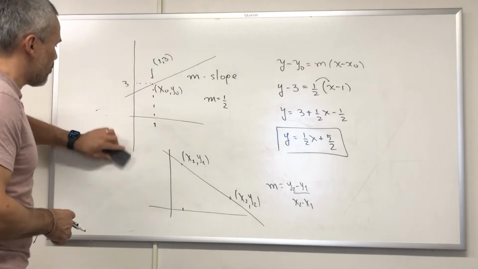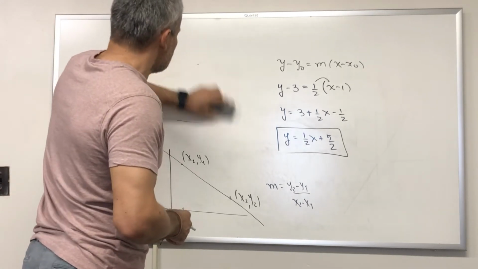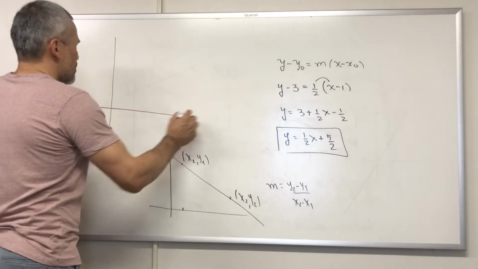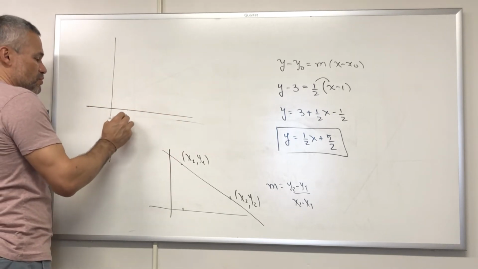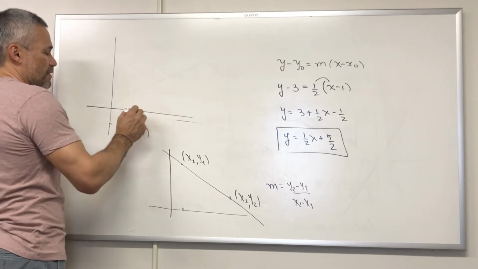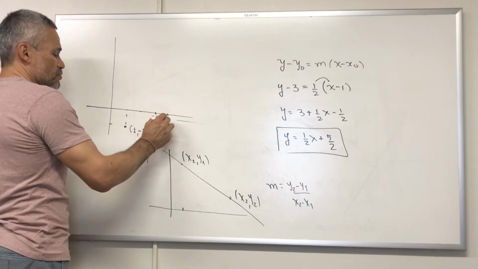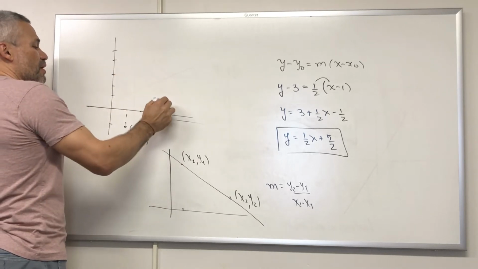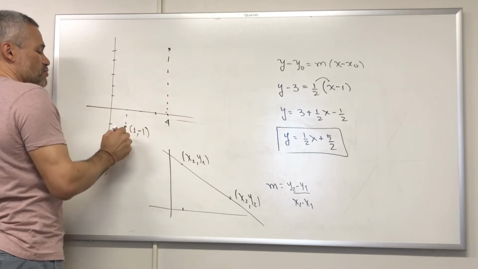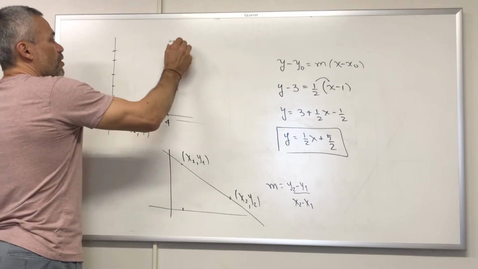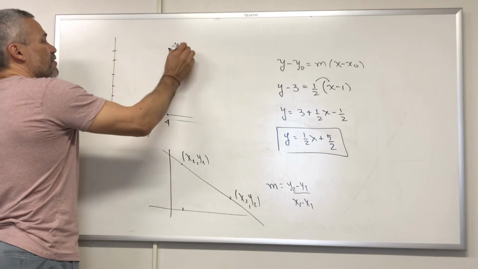Let's see an example. Let's suppose that we know that the line goes through this point, 1, -1, and that it also goes through, let's say, 4, 5. It goes through 1, -1 and through 4, 5.